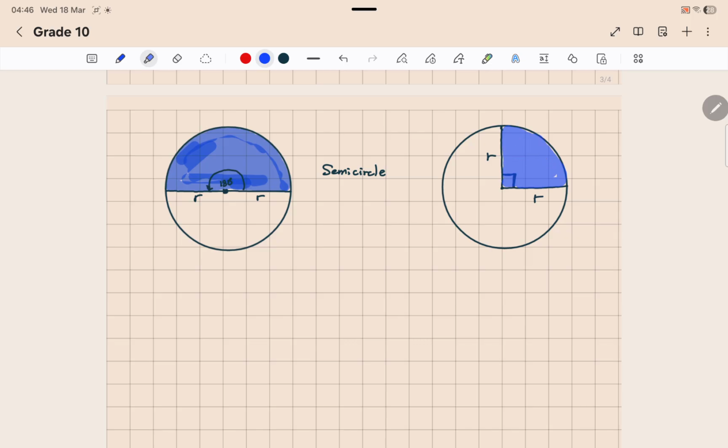So these are two special sectors, the semicircle with theta 180 degrees, and the quarter circle with angle 90 degrees.